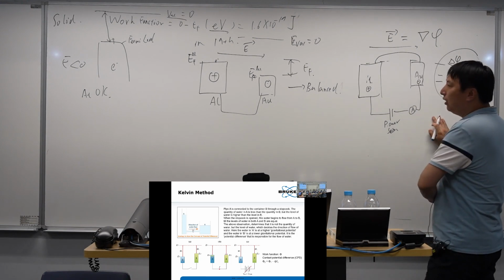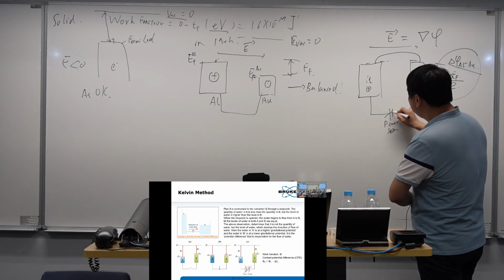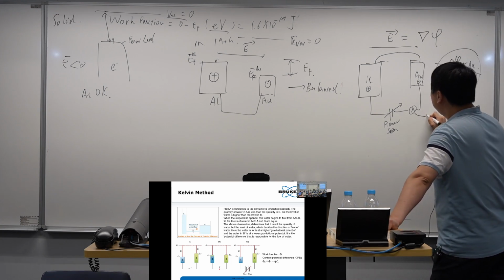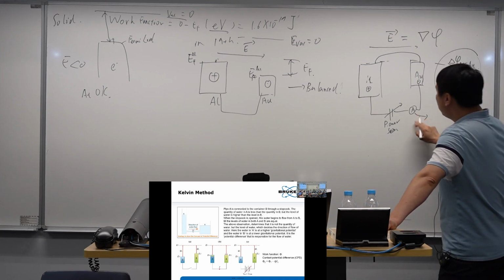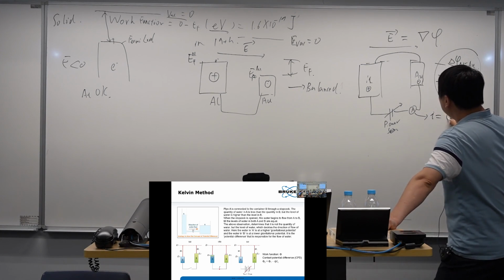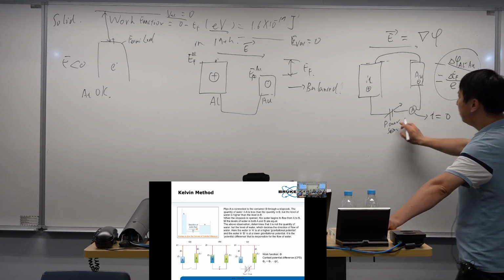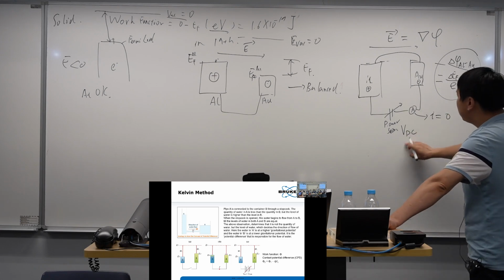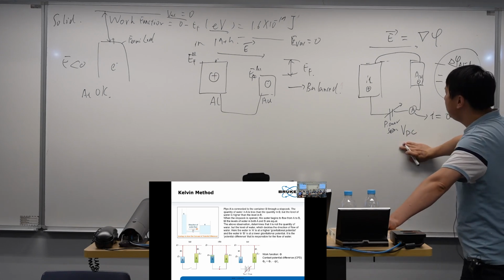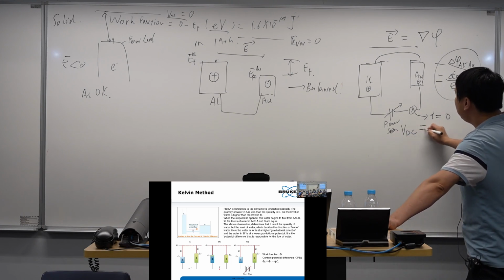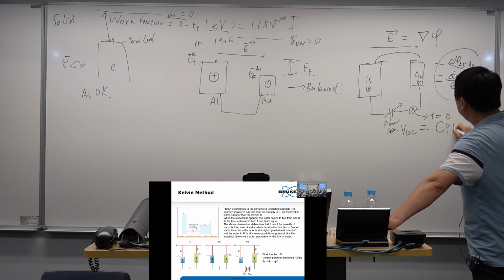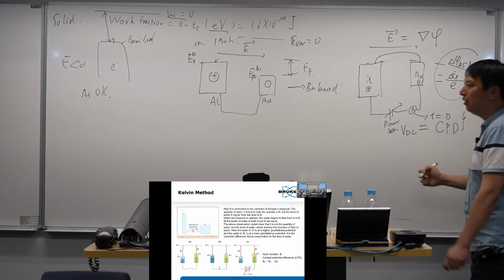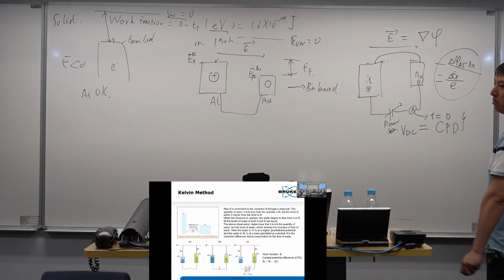Then he would continuously adjust the power source and observe the ampere meter. Once the ampere meter equals 0, the DC voltage on this power source will equal the potential difference. Right? That's the whole idea of this kind of experiment.